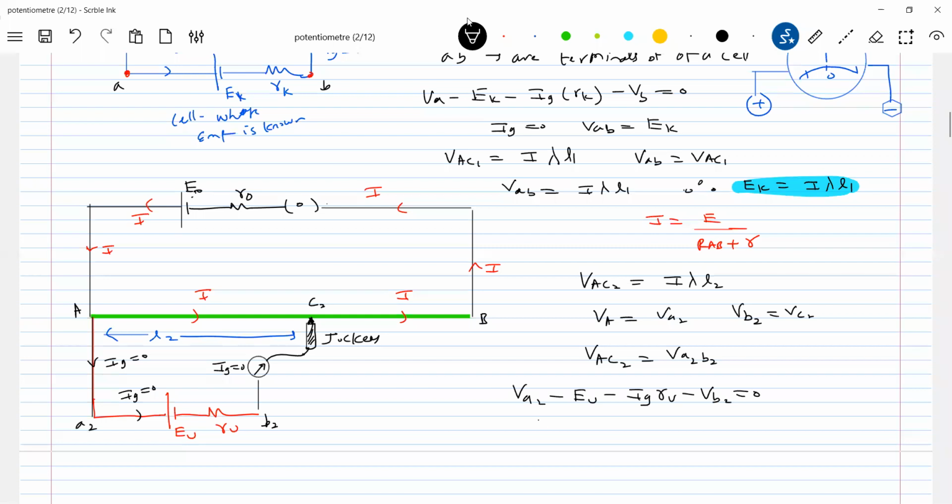What is IG? IG is 0. So VA2B2 should be equal to EU. Equating these two, we can write EU is equal to I lambda L2. So two equations I brought.